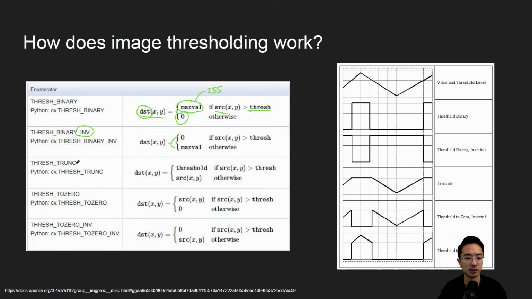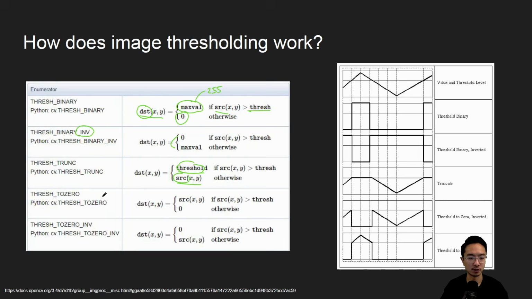And then you have thresh trunc, or truncate. What this one is, if the source is greater than the threshold, then it'll be the threshold value. Otherwise, it's going to be the original pixel value. So the main difference here is that instead of max value, you actually just set it to your threshold. And then instead of 0, you're setting it to your actual original pixel value.